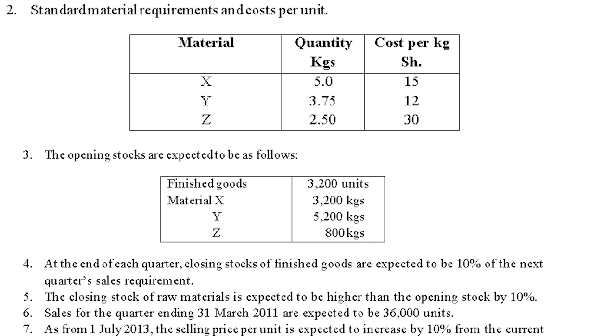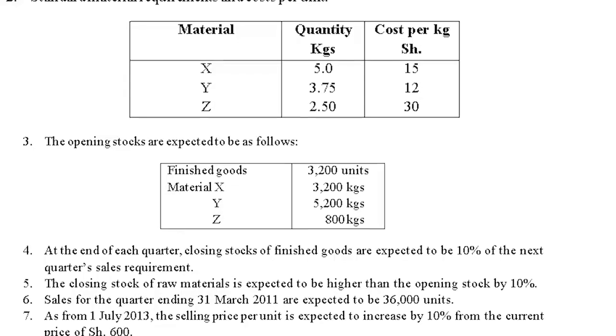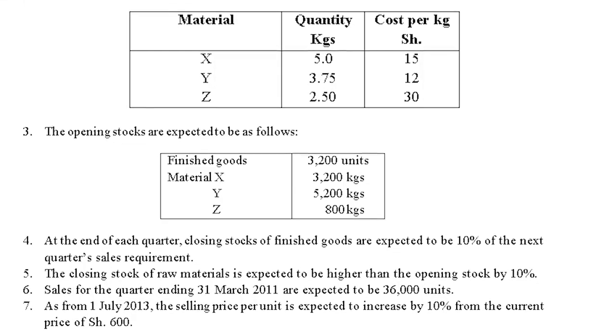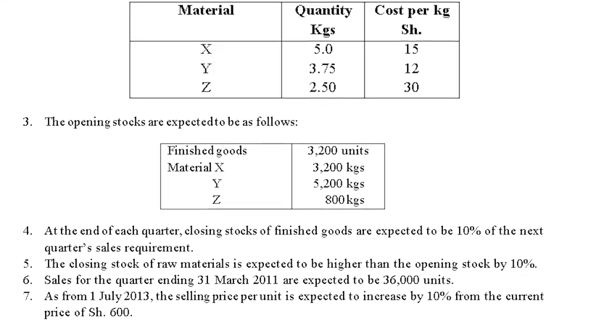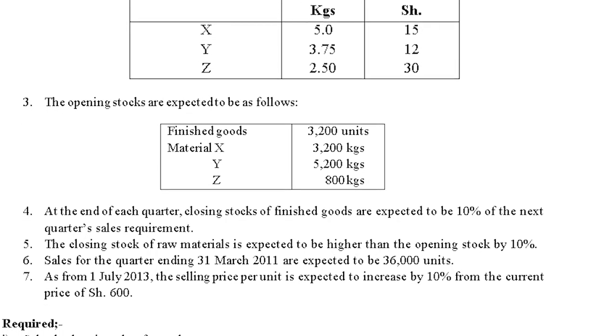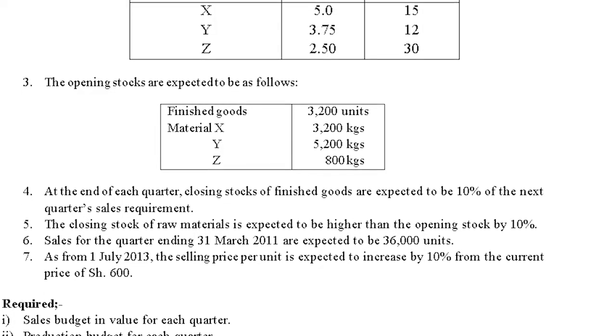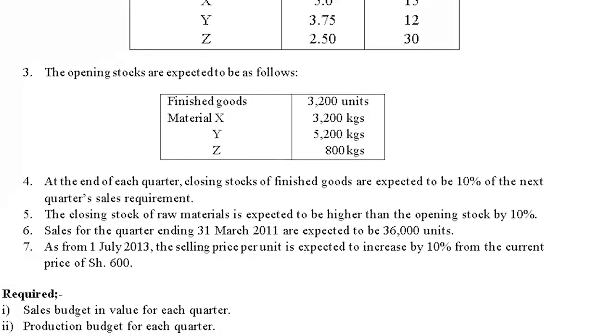Number 4, at the end of each quarter, closing stocks of finished goods are expected to be 10% of the next quarter's sales requirements. Number 5, the closing stock of raw materials is expected to be higher than the opening stock by 10%. Number 6, sales for the quarter ending 1st of March 2014 are expected to be 36,000 units.